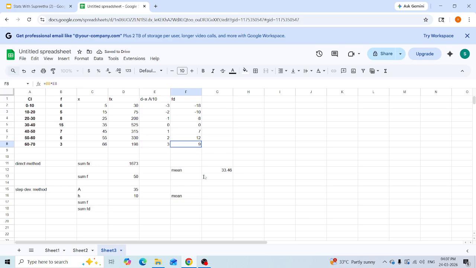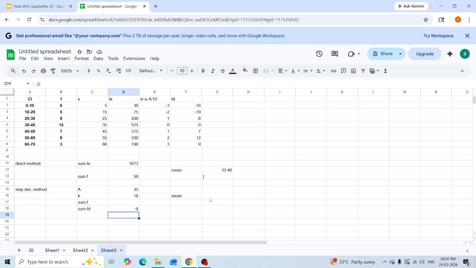What is the sum of fd? Calculate. Sum of fd is minus 8.